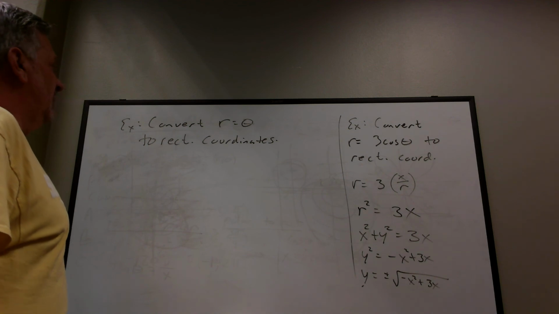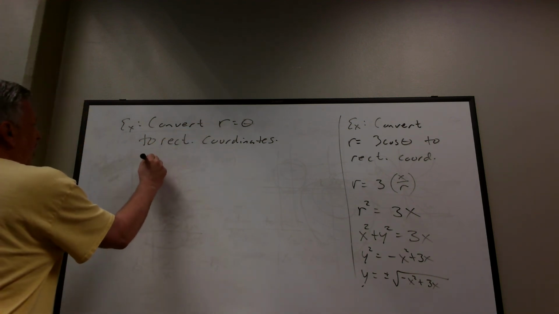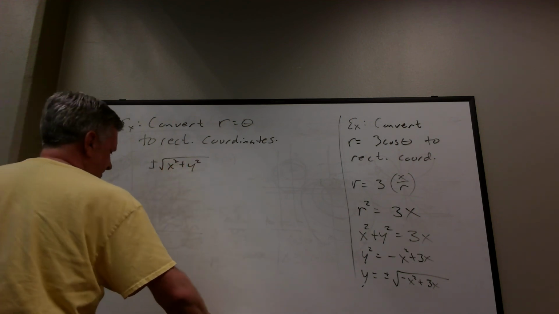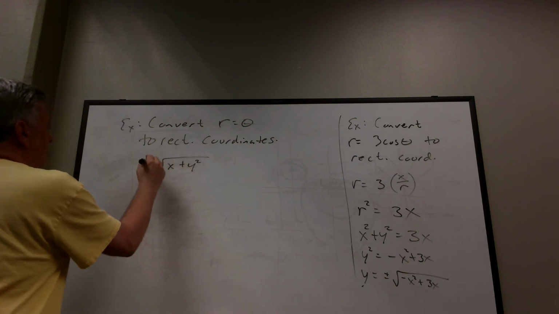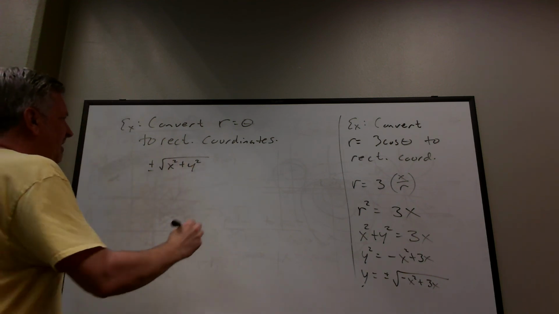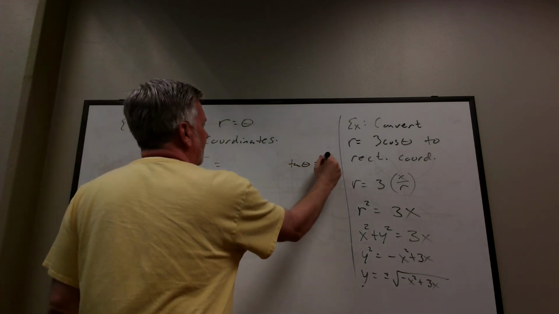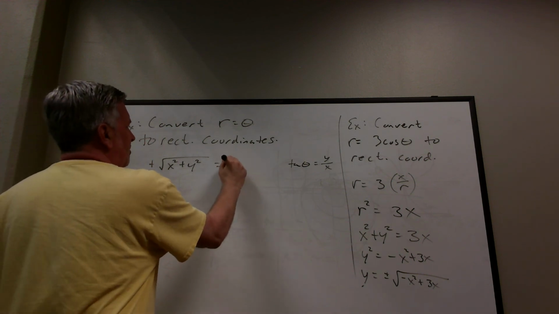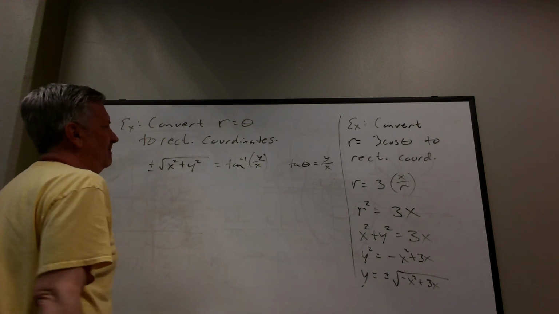Well, we already discussed, we know that r is plus or minus the square root of x squared plus y squared. So we already know that's r. Now how are you supposed to get that theta? Well, remember we had before that tan of theta was y over x. So theta is going to be tan inverse, arctan, of y over x.